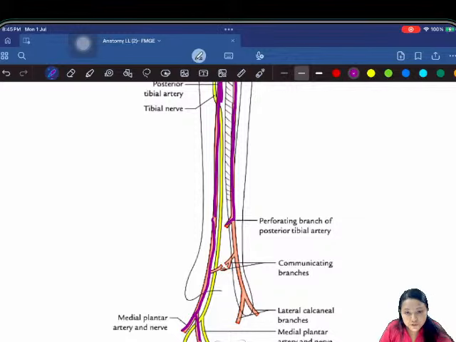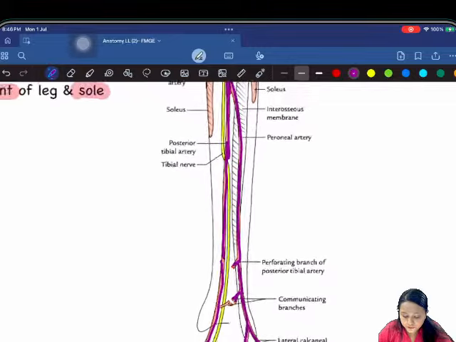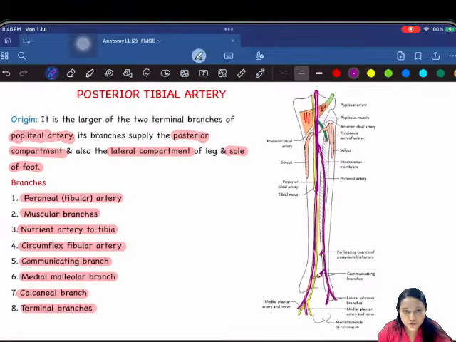It is giving the communicating branches, and then it is also giving the calcaneal branches. Okay, so this is about the posterior tibial artery. So you know that it is a larger branch of the popliteal artery, and it has different branches. Okay, so it will supply the posterior compartment. It will also give some supply to the lateral compartment, and also to the sole of the foot.